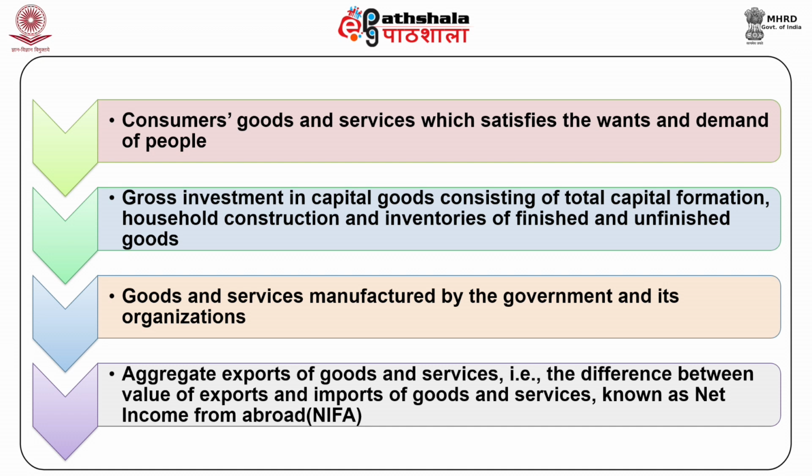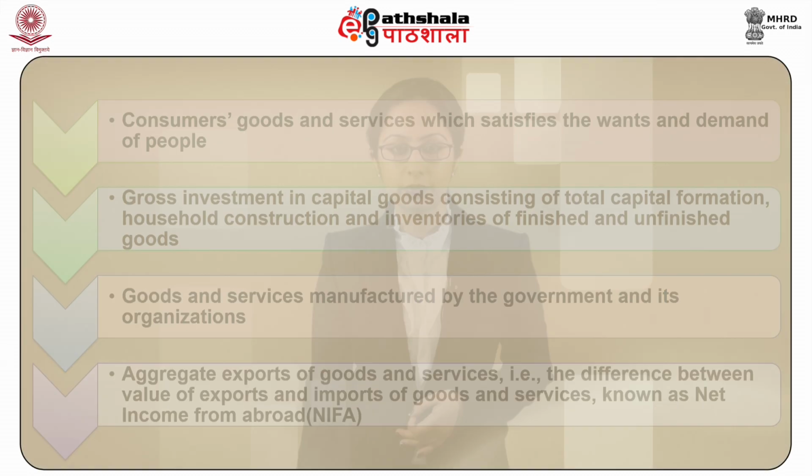Second, gross investment in capital goods consisting of total capital formation, household construction and inventories of finished and unfinished goods. Third, goods and services produced by the government and its organizations. Fourth, aggregate exports of goods and services, that is, the difference between the value of exports and imports of goods and services, known as net income from abroad, NIFA.